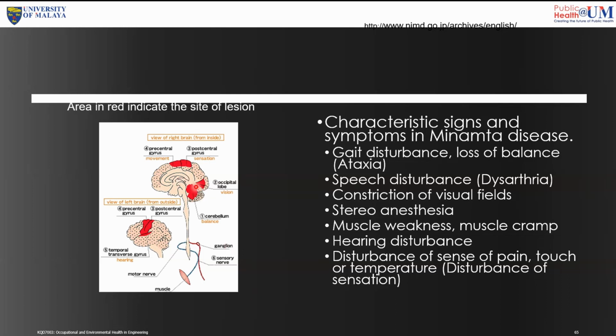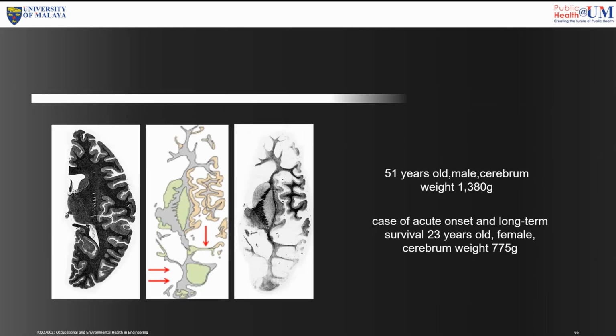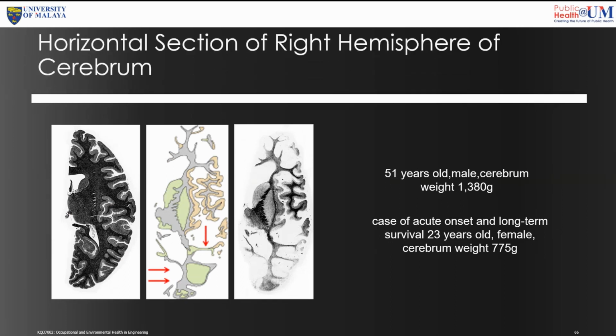So it looks like this. These are the areas of the brain affected. The red colored area is where the brain degrades, and the function of that part is affected because of the mercury. This shows a 51-year-old male, cerebral weight 1,380 grams, a case of acute onset, and a long-term survivor, a 23-year-old female brain.